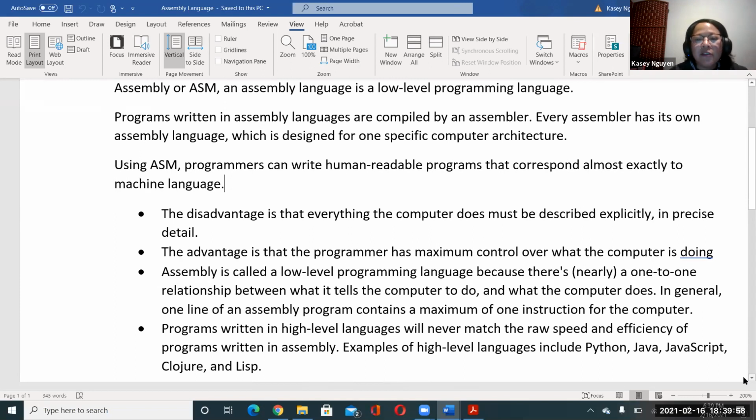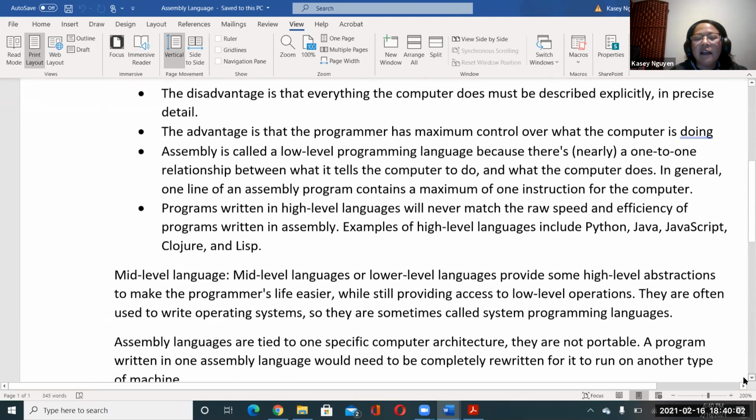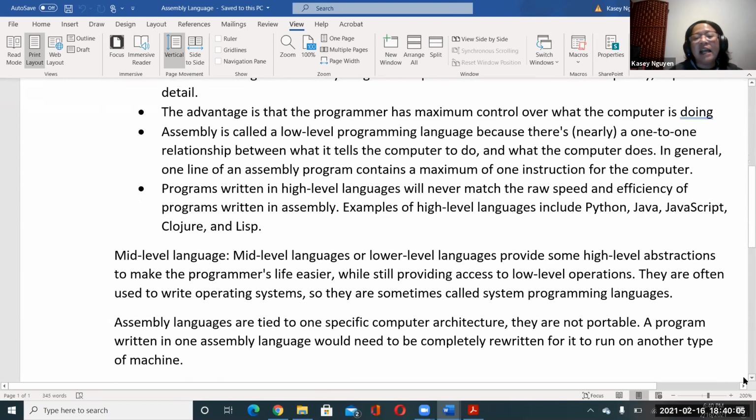So what we see is that when we write something in a higher level language, it's going to be translated to the lower level, and basically the assembler handles that as it compiles the program. So there's more accessibility at the lower level to what we can do with the program.